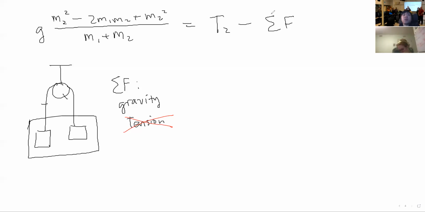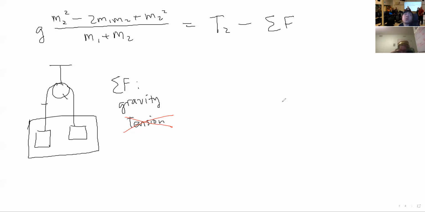Internal versus external: internal forces are forces that are applied to each other by bodies within a certain system, and external forces are forces applied by things that are outside of the system.